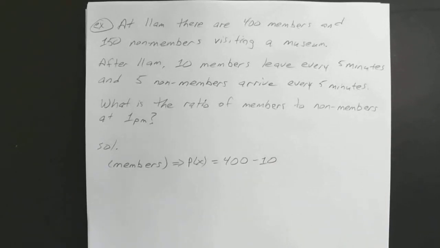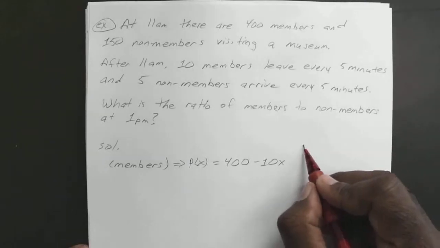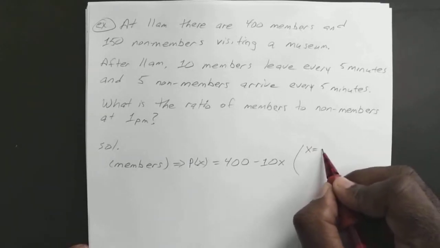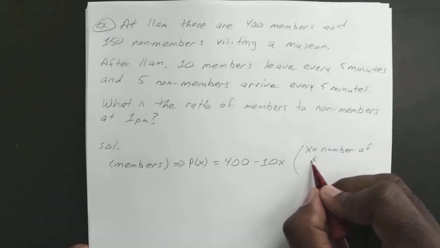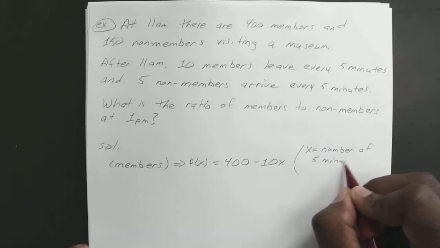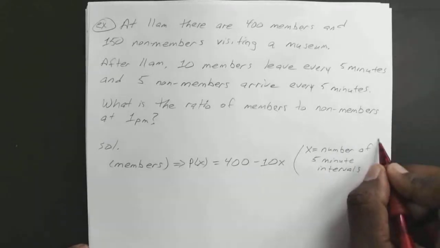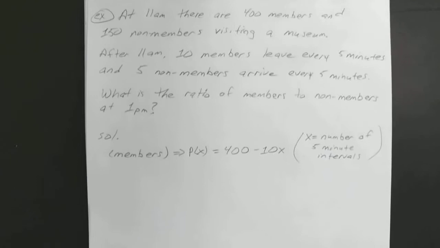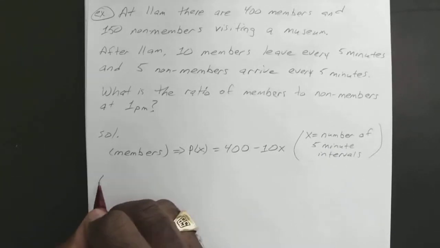Okay, so after 5 minutes, 10 would leave. After 5 more minutes, 10 would leave. After 5 more minutes, 10 would leave. So we'll let X equal the number of 5-minute intervals. Okay, and we do the same thing for non-members.